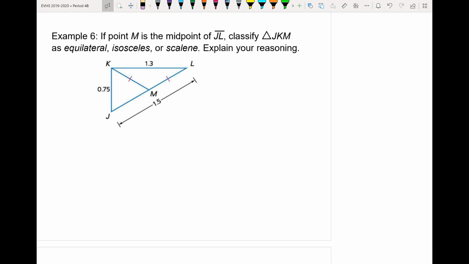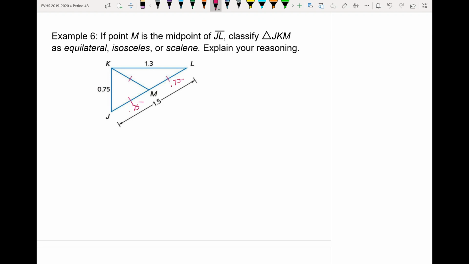Okay, if point M is the midpoint of JL, I know two things. First off, JM is congruent to ML. I also know that since JL is 1.5, 1.5 divided by 2 is 0.75 on both of those.